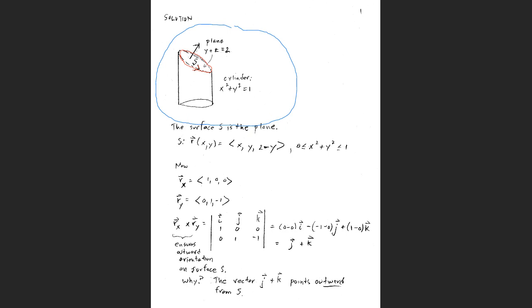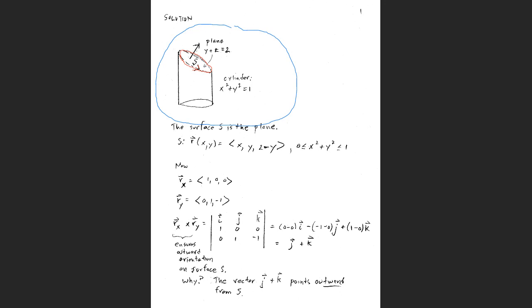And if you were to walk along that curve in the direction that the arrow shows, the surface S inside the curve would always be on your left. Okay, so we want to find the work that the vector field does in moving the particle along that curve.